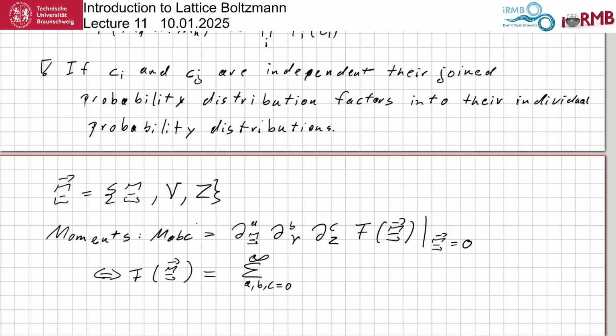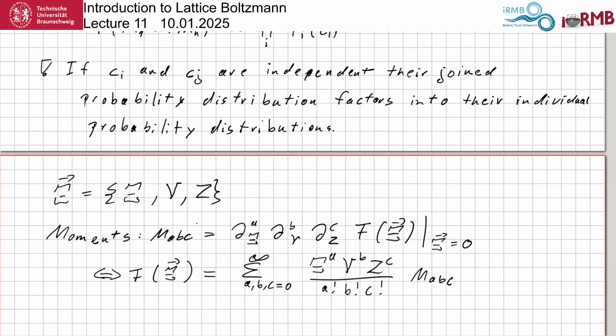If we make a series expansion of capital F, then we can write capital F in terms of these coefficients of the series expansion: Xi to the power of A, upsilon to the power of B, zeta to the power of C, divided by A factorial, B factorial, C factorial, that has been missing, times the moments M_ABC.